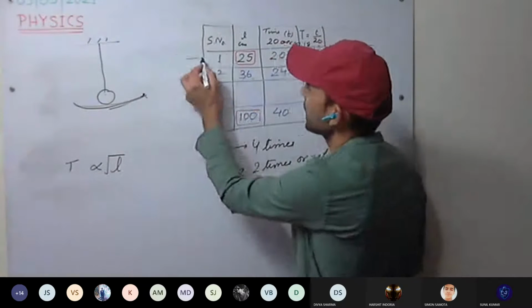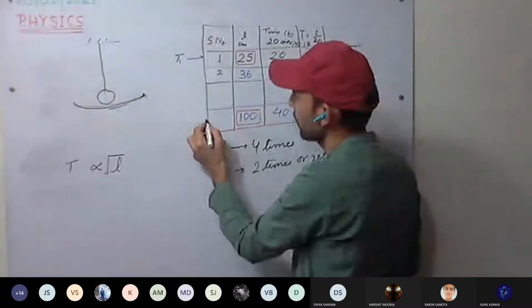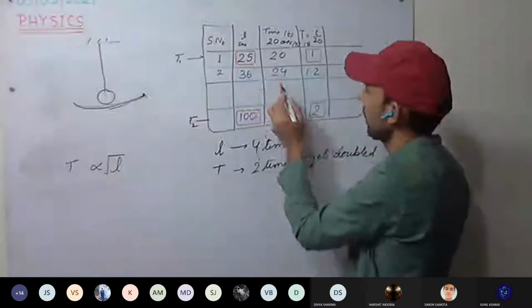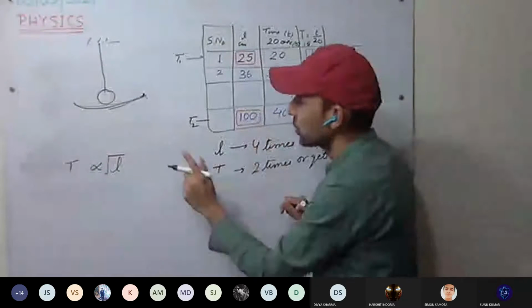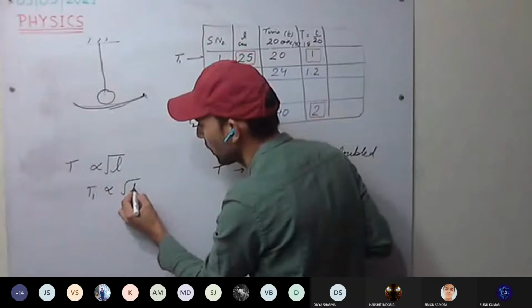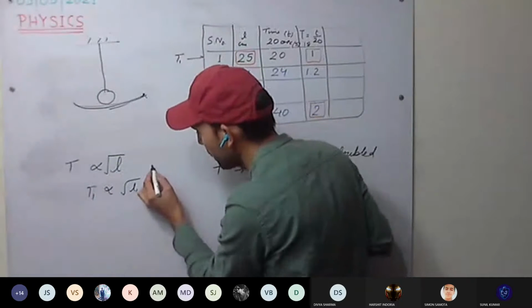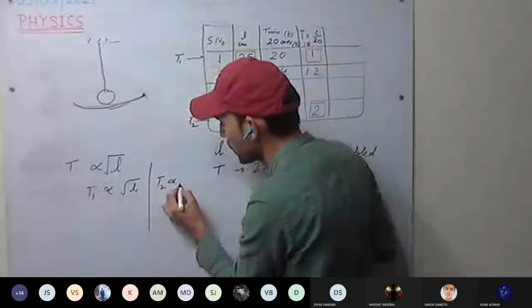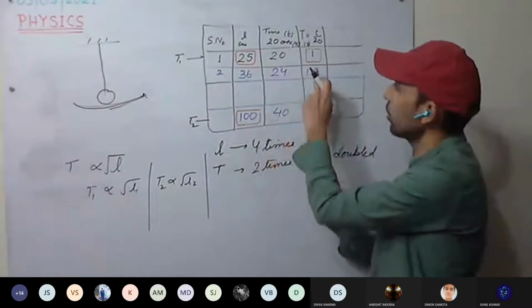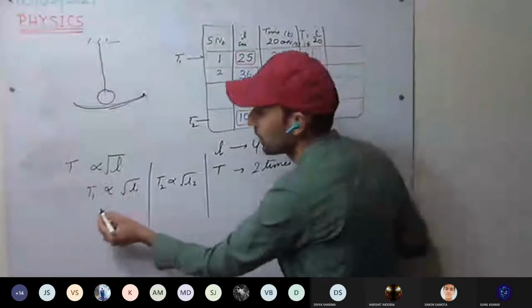You can see as well. This is T1, this is L1, this is T2, this is L2. So T1 is proportional to root of L1, and T2 is proportional to root of L2. Put the values. T1 is how much? 1.